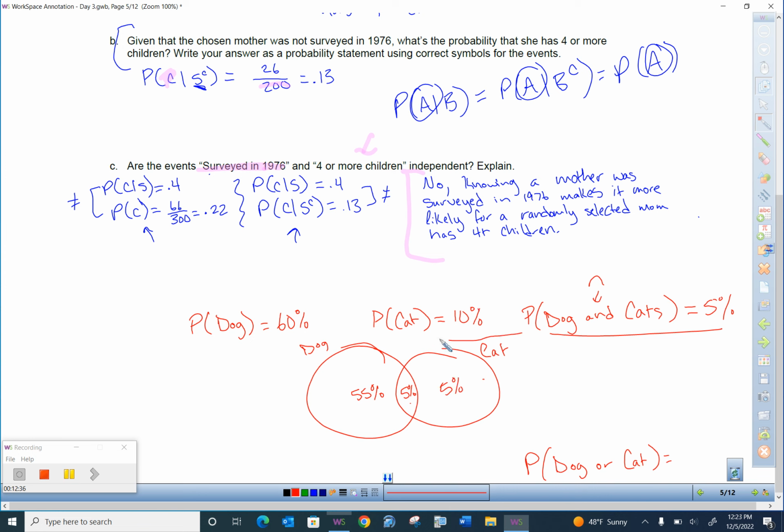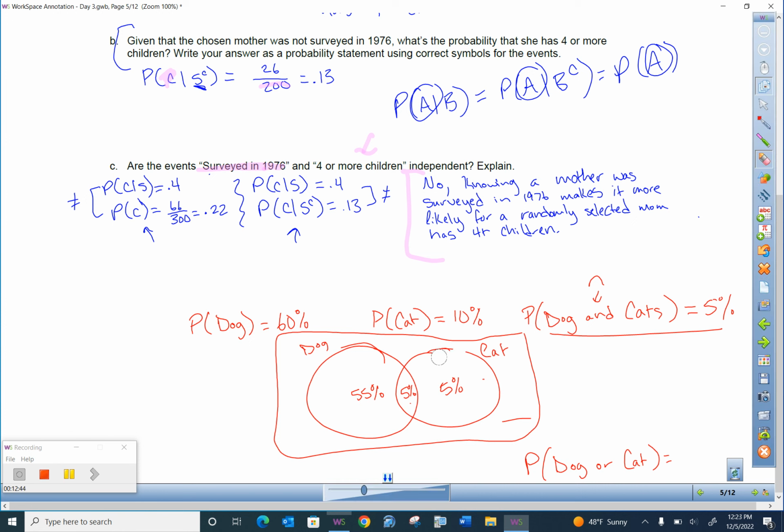And then there's always the possibility that we have people who don't have cats or dogs, and they go outside. I want you to find that real quick. Here we've got 55, 60, 65, which means there's 35% left over to be out here.